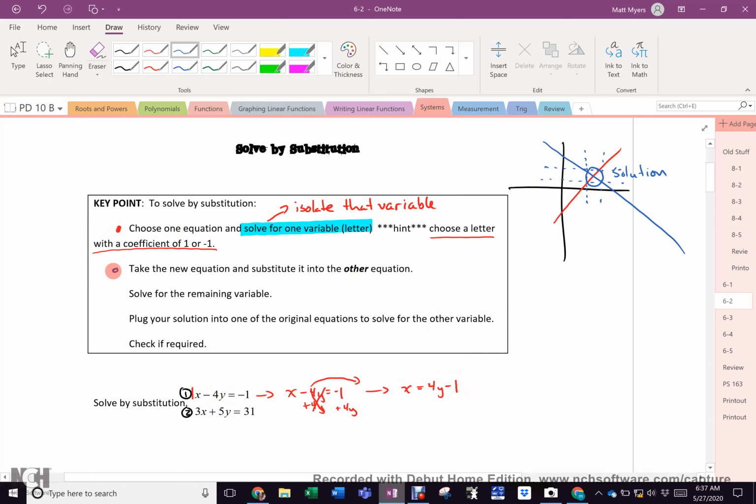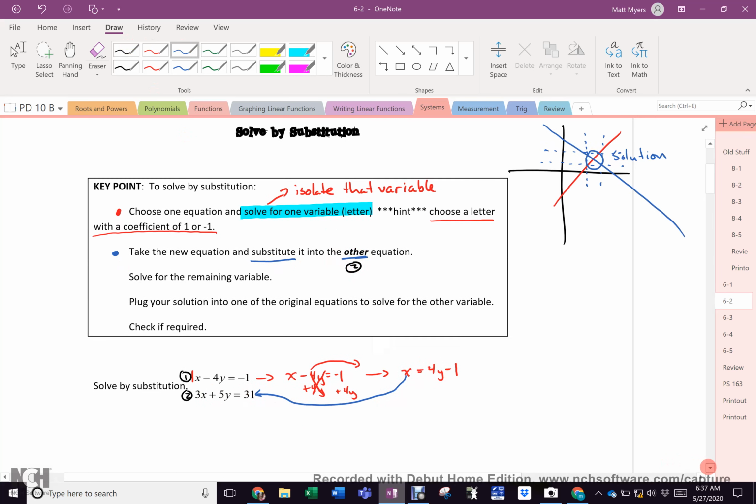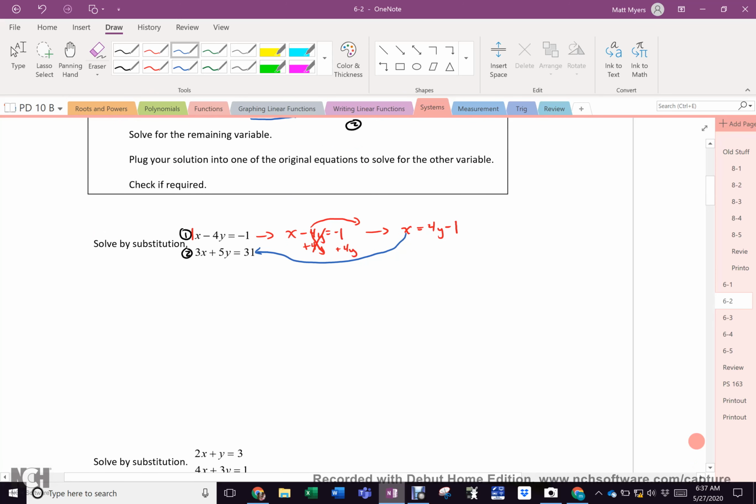Step 2. I take that new equation and I substitute it into the other equation. So this is equation 2. So I'm going to take this equation right here and I'm going to substitute it into equation 2. So here we go.